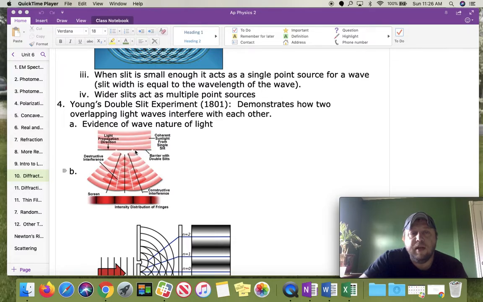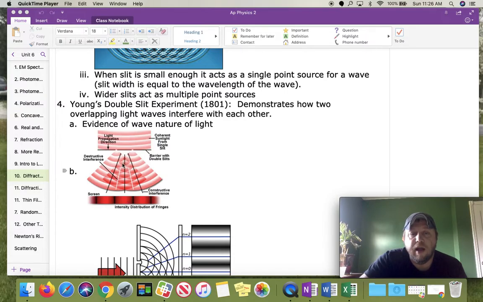Knowing that this light was coherent, the pattern that resulted created several different bright and dark fringes on the screen. There's a specific mathematical relationship between those that shows that the wavelength of the light incident upon these slits followed the pattern that created the constructive and destructive interference patterns. This point right here is called the central maxima.